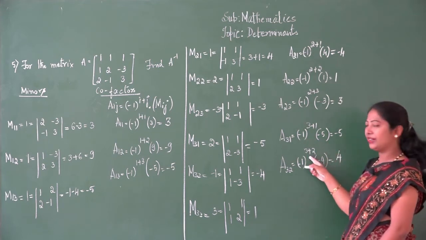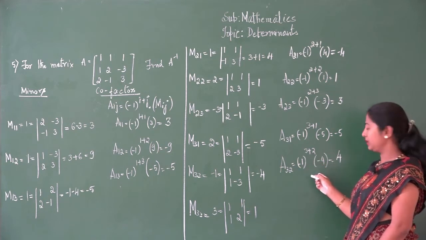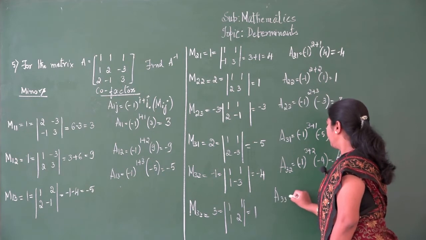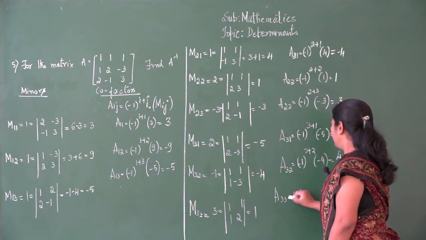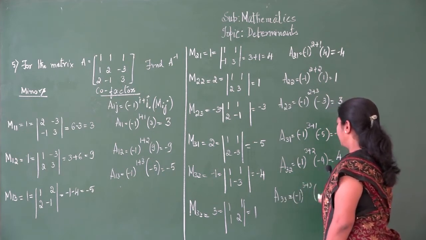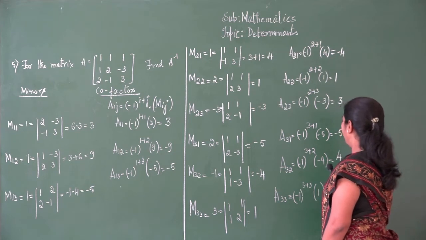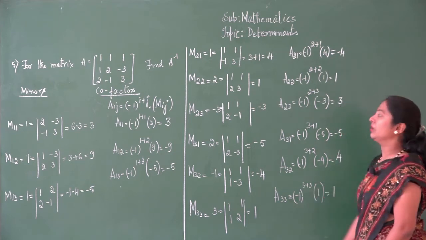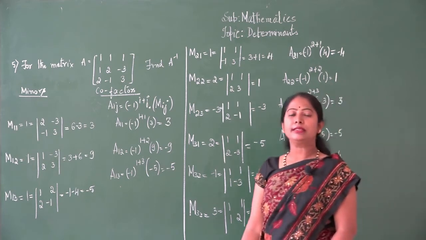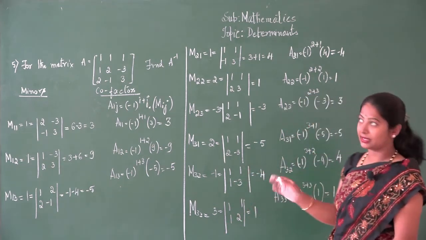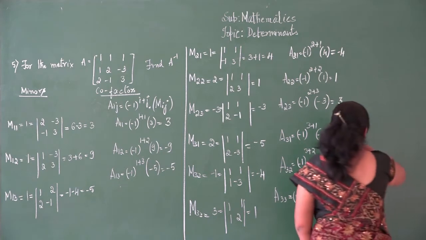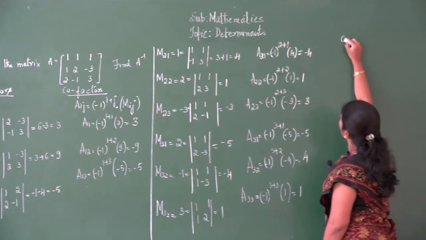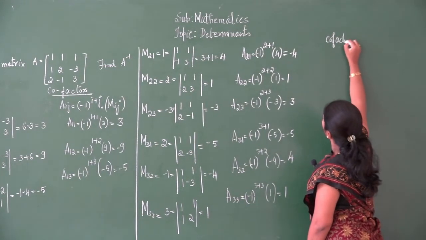Similarly, A33, minus 1 to the power 3 plus 3 into 1, minus 1 to the power 6 into 1 will be 1. We finished finding out the minors and cofactors of the given matrix. Now, we shall write the cofactor matrix.